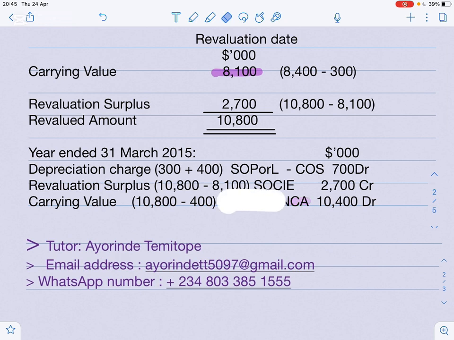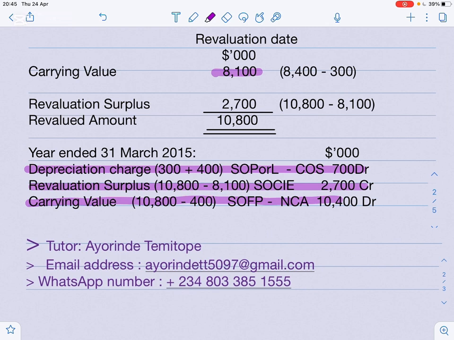So these are the 3 things the examiner could ask for regarding this question. The current year depreciation charge, you have it to be this. Revaluation surplus, you have it to be this. And then you also have the current value of the assets as at end of the year.